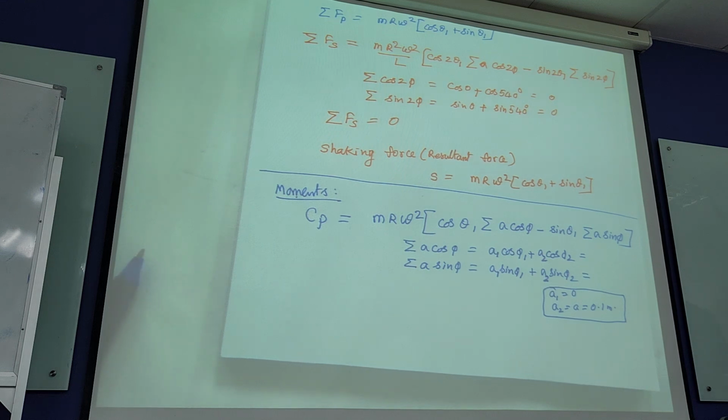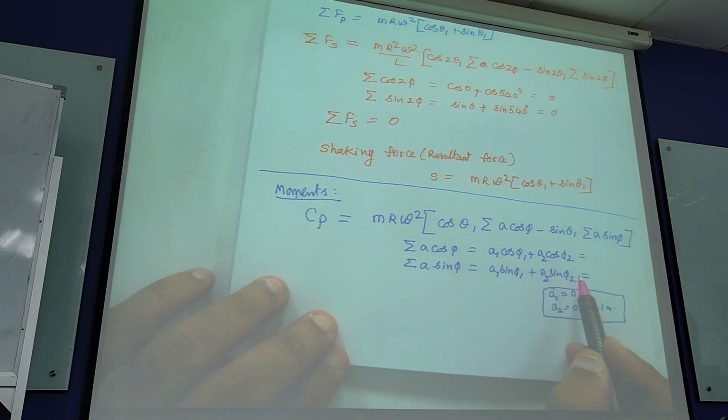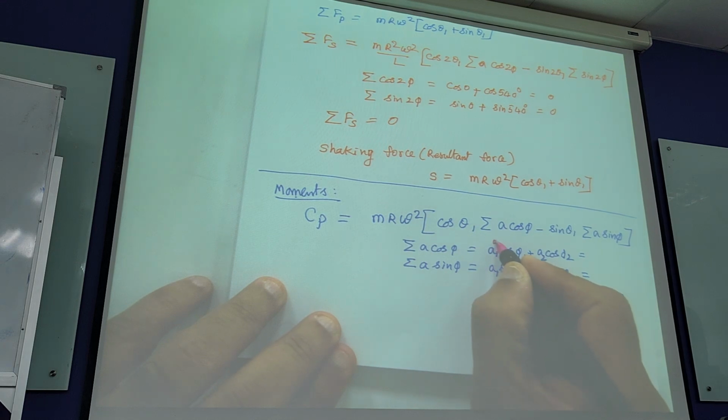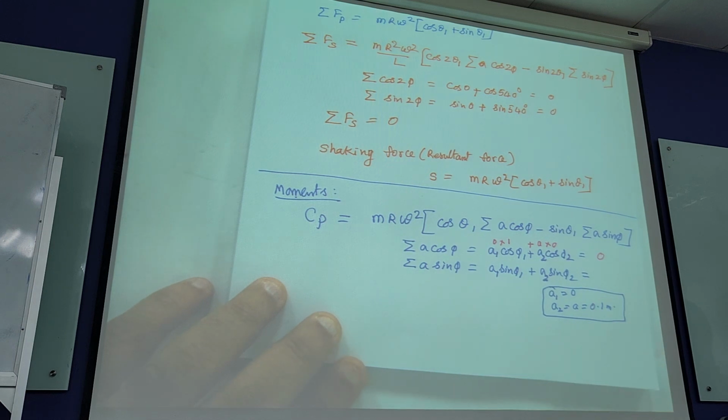So hence, the answer for the first one: first one is 0, so it is like 0 into cos 0, cos 0 is 1, so 0 into 1 is 0, plus A2 is A, so cos 270, cos 270 is 0, so in total you get 0.